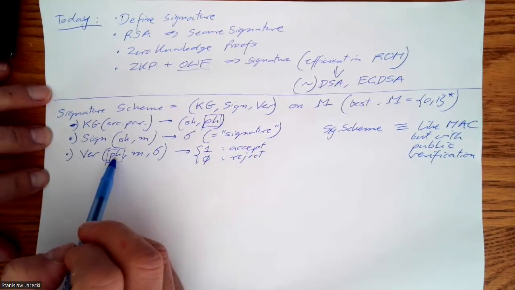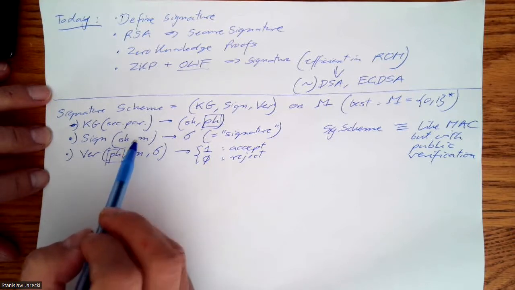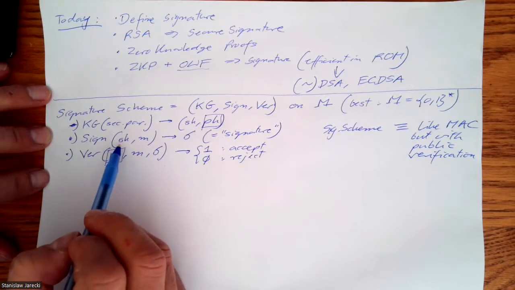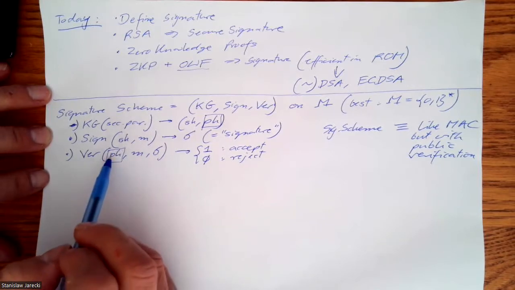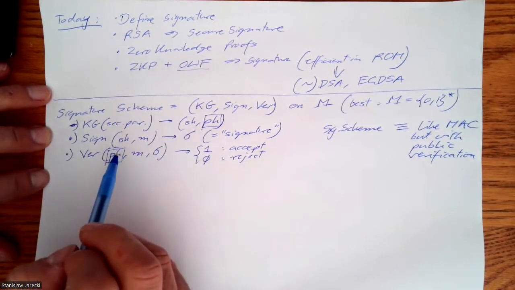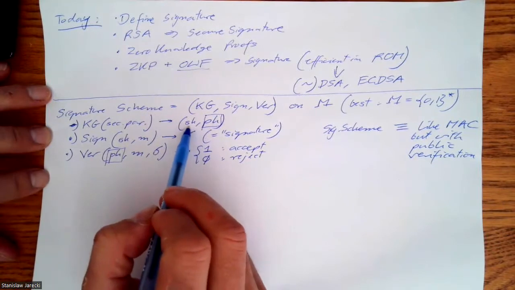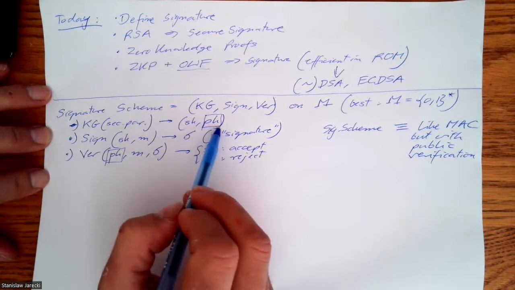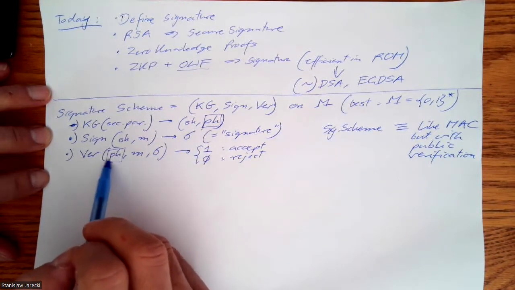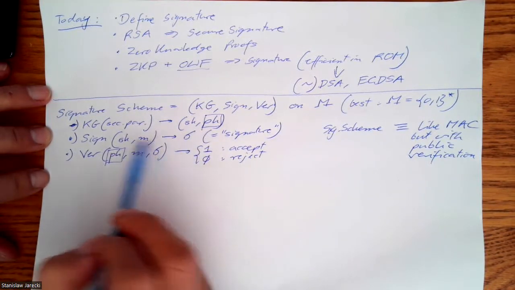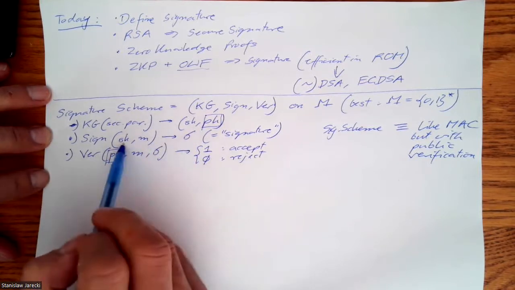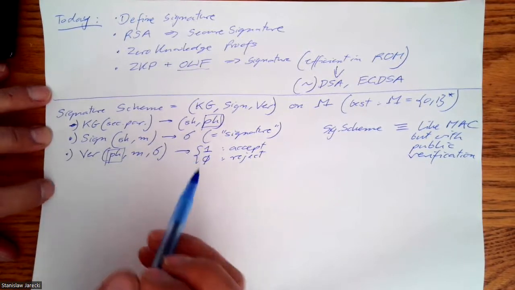It was a symmetric scheme between Alice and Bob to authenticate messages based on a shared key. And now, in order to verify, you don't need to know the secret key. And in fact, a secret key can be created together with an accompanying public key, which can be distributed to the whole world, and everybody will be able to run this verification algorithm. And only you, the holder of the corresponding secret key, will be able to run the signing algorithm.